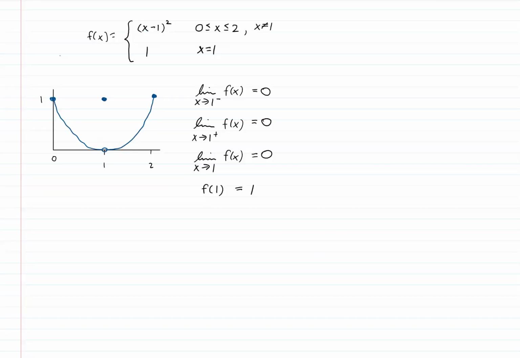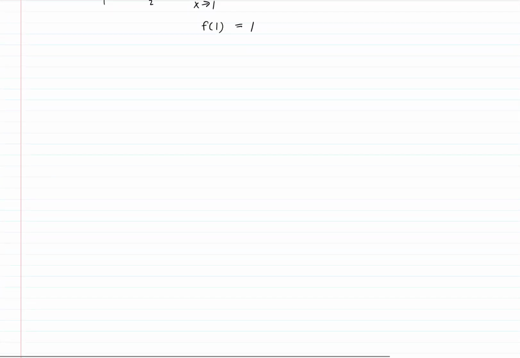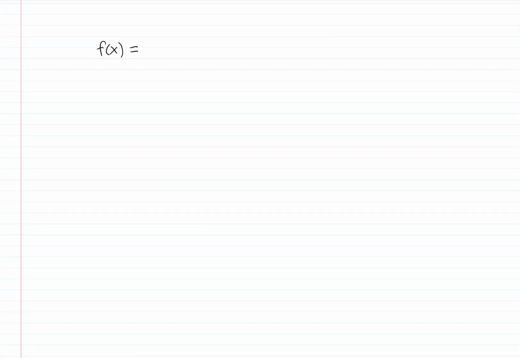Okay, now let's see if you can do one without the graph. Let's write down f of x equals, okay, let's do this function. 2x squared plus 5x minus 1 if x is less than 0, and sine of x if x is equal to or greater than 0.